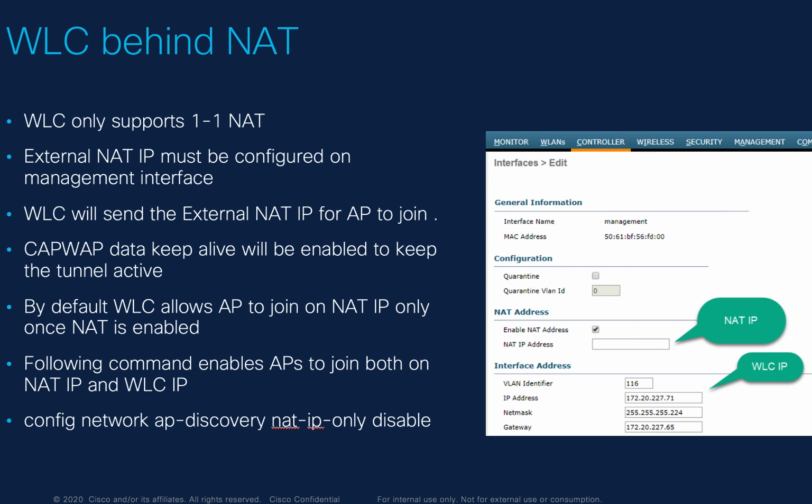Also, if the administrator wants the internal APs to join this WLC as well, then they need to configure this command from the CLI: config network ap-discovery nat-ip-only disable, so that the APs from the internal network and the APs from the external network, which is the public network, can join this controller.